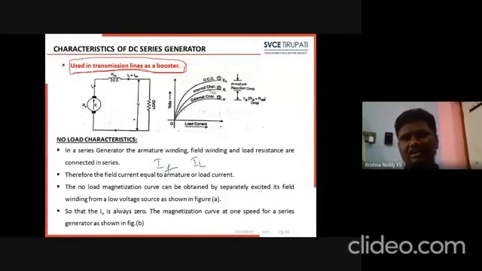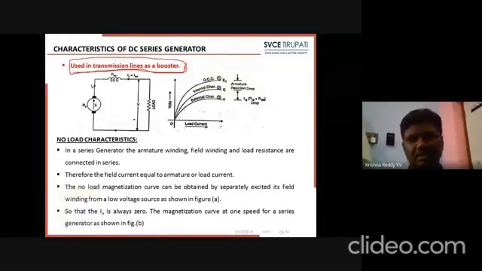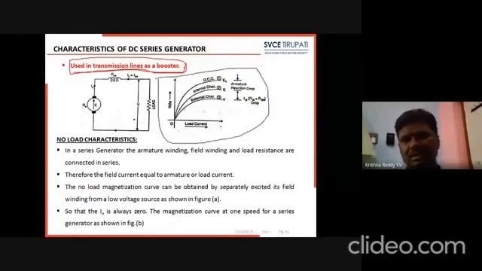From the internal characteristics, by adding the armature resistance drop, we get the external characteristics in the case of the DC series generator. This is the difference. Because all the windings are connected in series, the field current is the same, and with the same field current we get these characteristics of the DC generator.